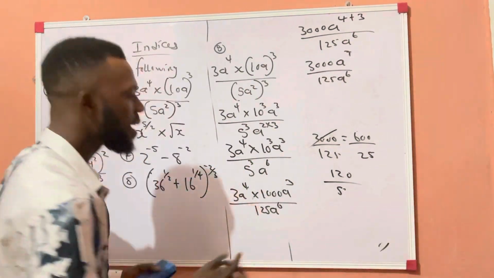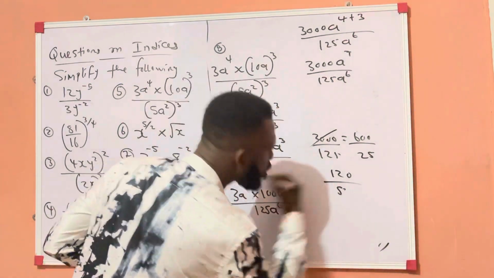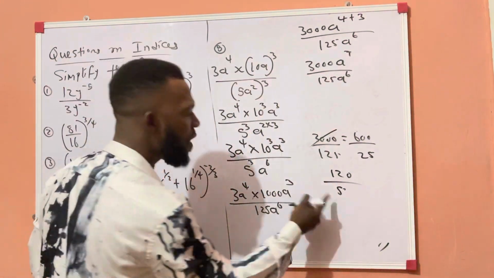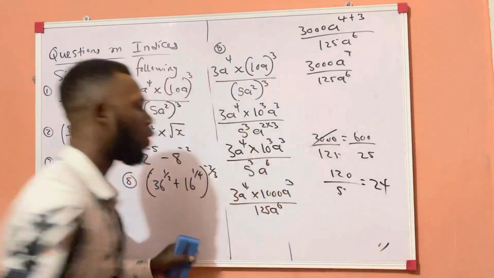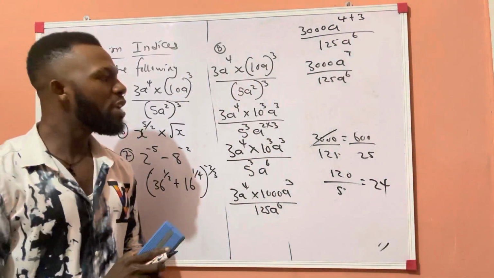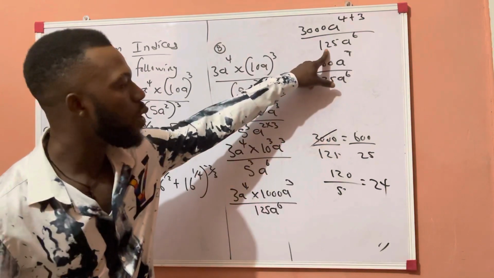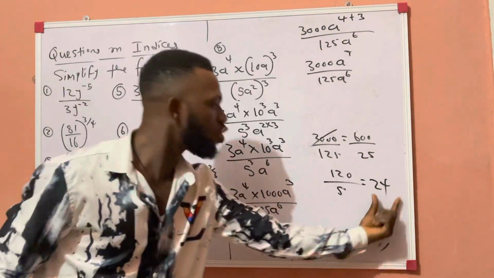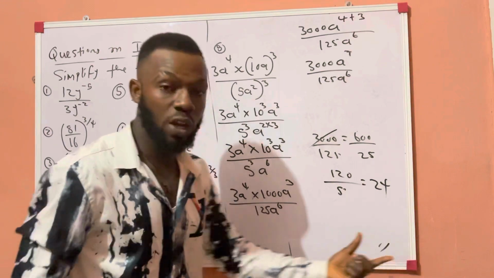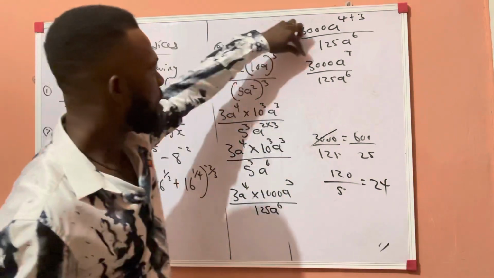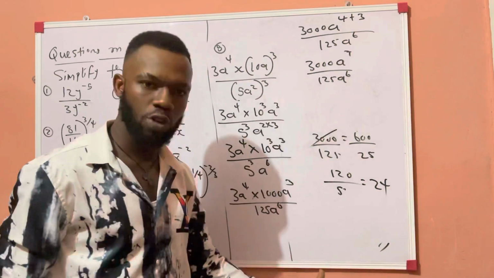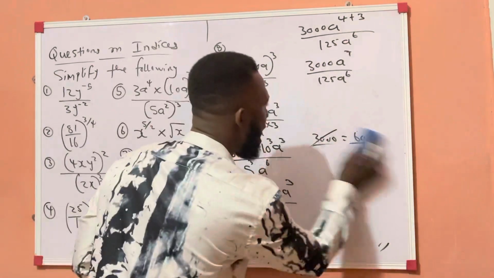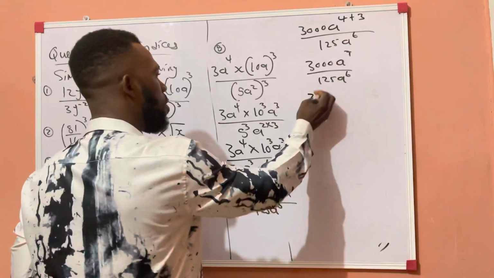Yes. So it means, how many times will 5 go into 120? 5 into 12 is 2, remember 2, and 5 into 20 is 4. So what do we have? 24. So it means 125 will go into 3000 24 times. If you have a calculator, you can punch that and just write 3000 divided by 125, and you are going to get 24. But I just try to show you working. So now, we now have 24.